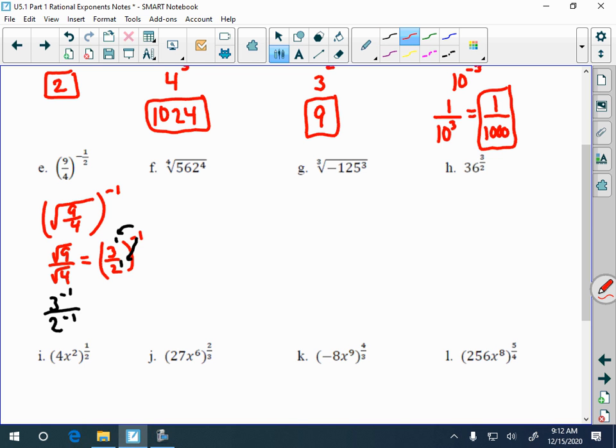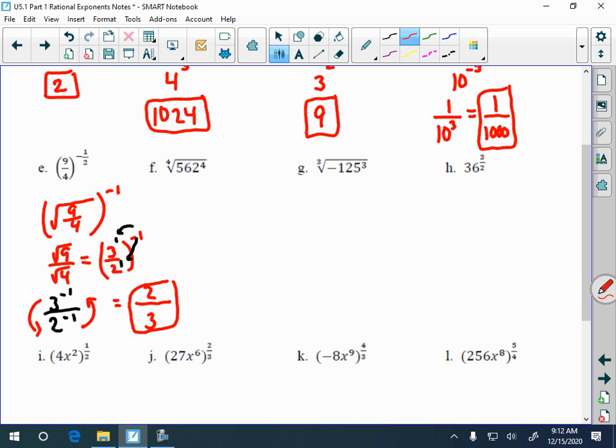Since you have a negative exponent on top, that's going to go to the bottom. And the negative exponent on the bottom is going to go to the top. So the 2 to the negative 1 goes to the top and becomes 2 to the positive 1. And 3 to the negative 1 goes to the bottom, and that becomes 3 to the positive 1. And so we just get 2/3.